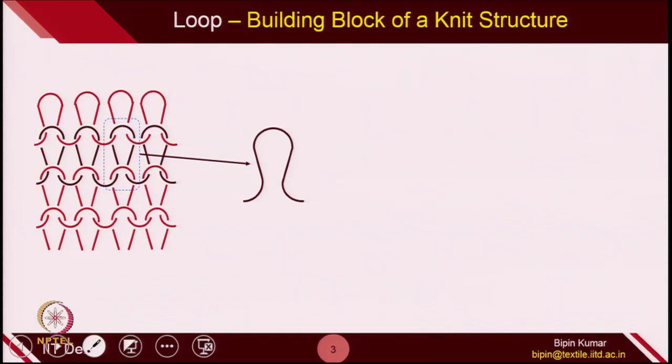Some of the basic terms in knitting are quite popular around the world. The first one is related to the loop. The loop is the fundamental building block for any knit structure. I have just enlarged one of the loops from the fabric to the side. You can see the loop here. In this loop you can easily differentiate some of the components.